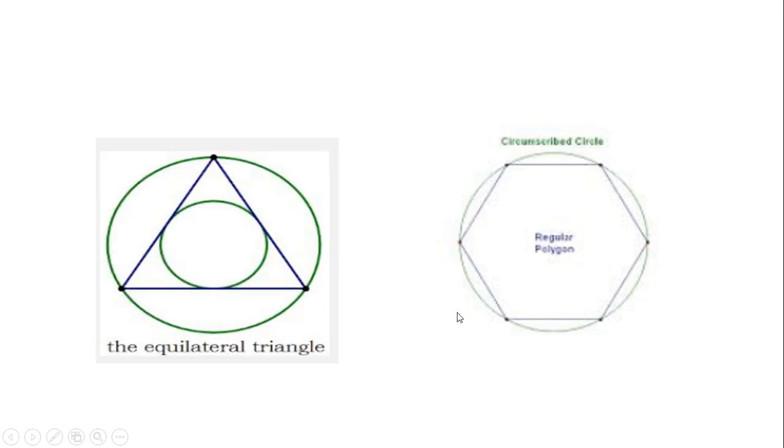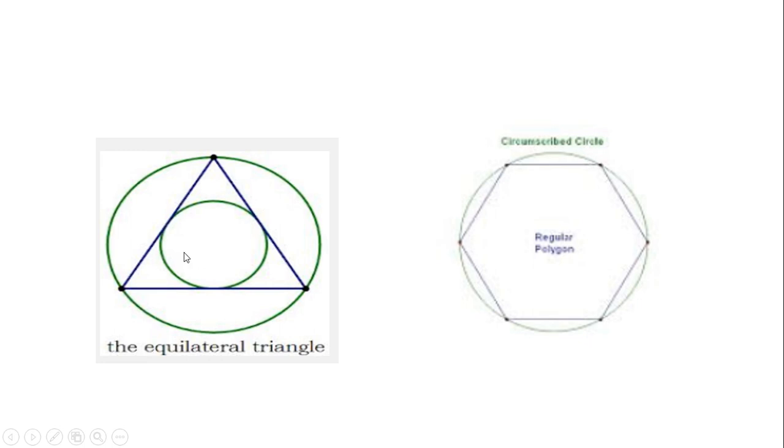So for any regular polygon, we're going to want to find that circumscribed circle. Here's an equilateral triangle, and here's our circumscribed circle.